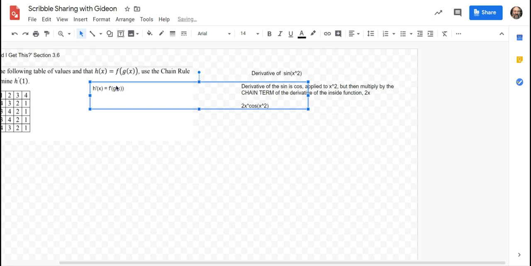That's just like leaving x squared alone. And then we have to multiply by the chain term. There's that correction factor of the chain term. And the chain term is the derivative of that inside function. It was 2x here in the computational example. So it's just g prime of x here.